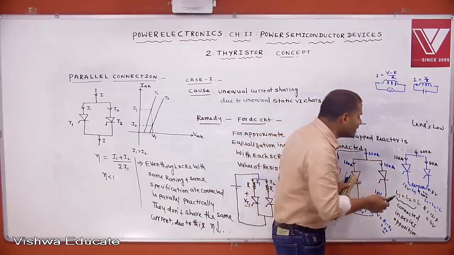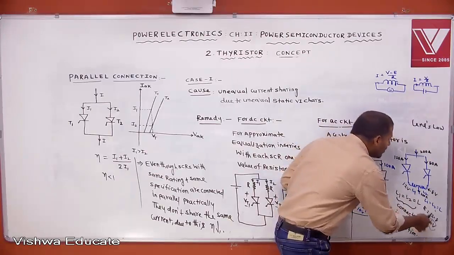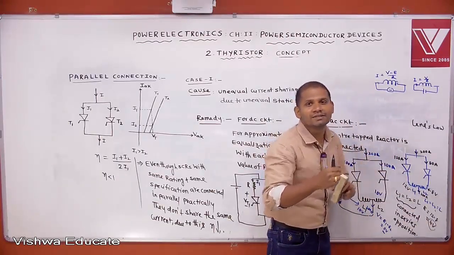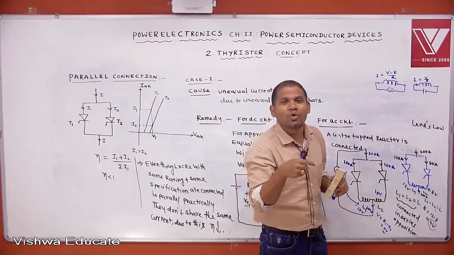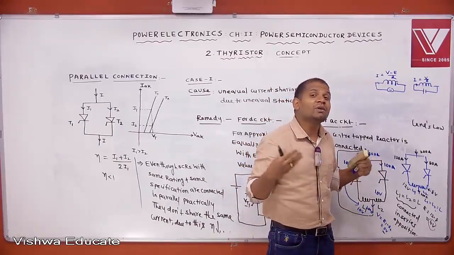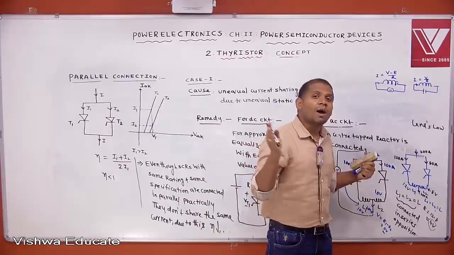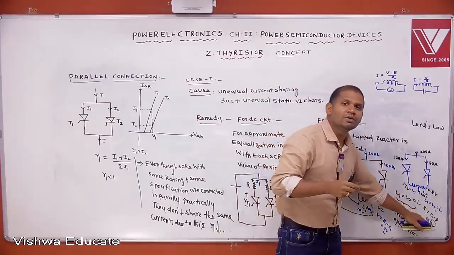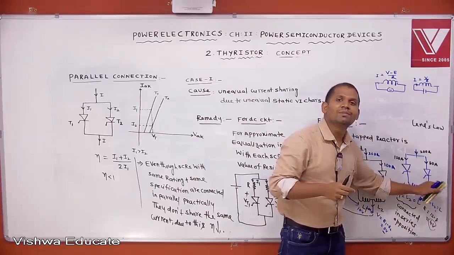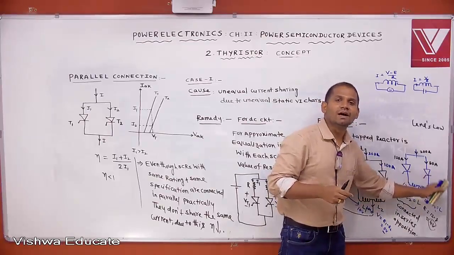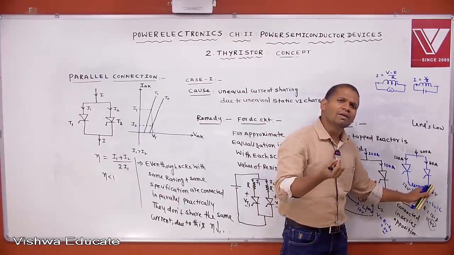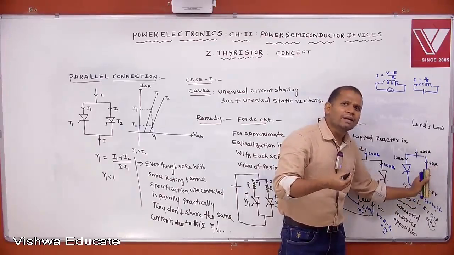Then according to Lenz's law, the response always opposes the cause. Who is the cause? The difference of current is the cause. Who is the response? The 4 volts is the response. Up to what time will it oppose? Up to the point the induced EMF becomes 0. When the induced EMF becomes 0, the current sharing becomes equalized, but it is not exactly equal. There is some minimum EMF, no doubt at all, but it will reduce the current difference.